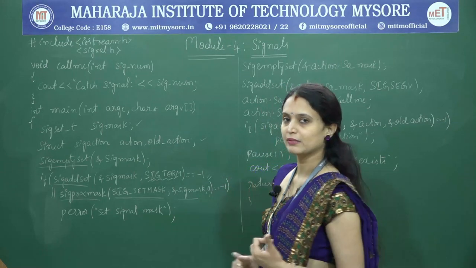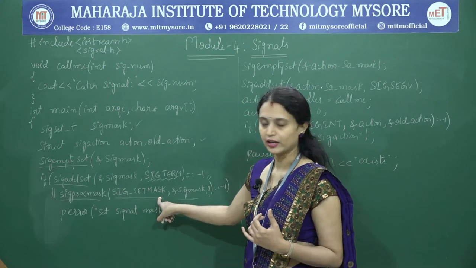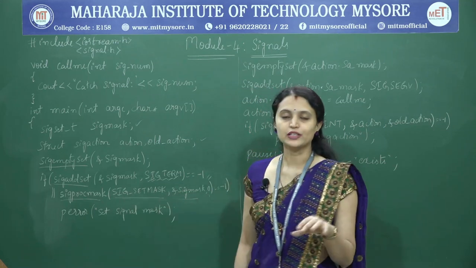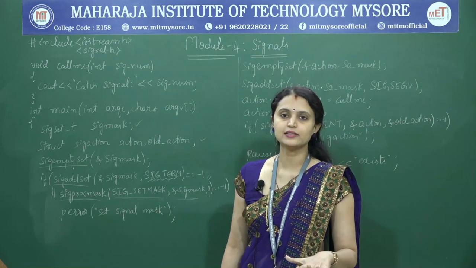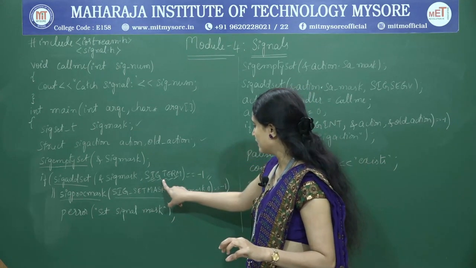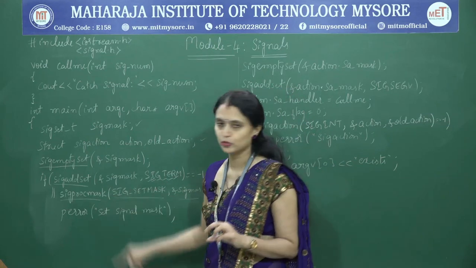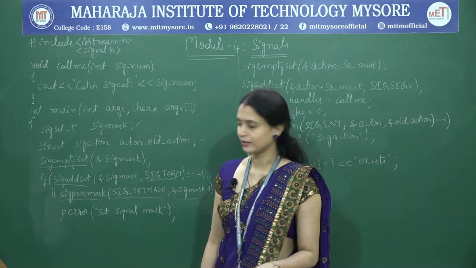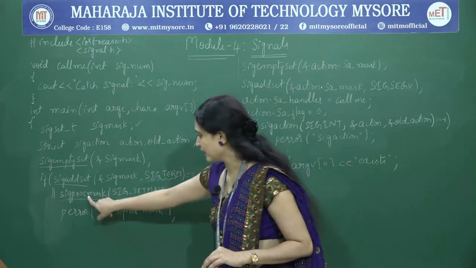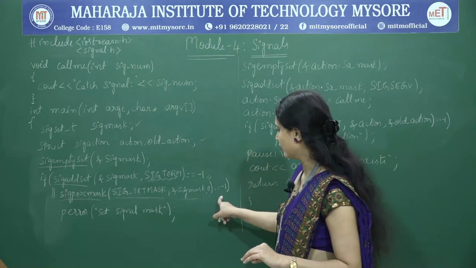The new mask means the updated new mask which contains SIGTERM. So along with the current signals, the SIGTERM in sig_mask will also be added for this particular process. That is implemented by the sigprocmask API. Again, if it is executed successfully this will be added; if there is any error, it returns -1.